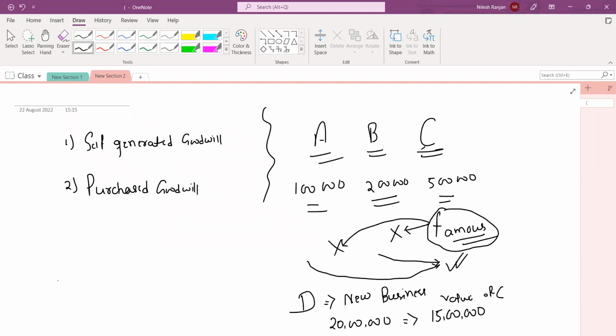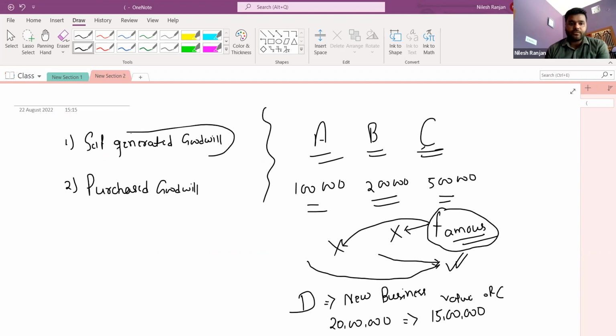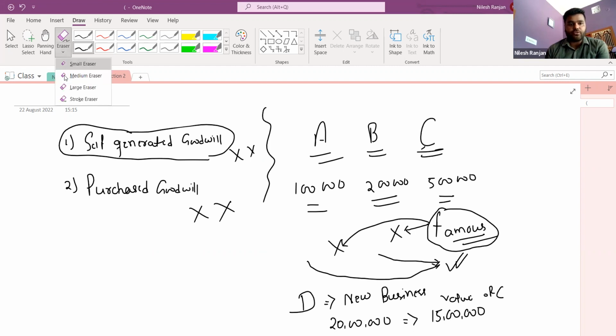So self-generated goodwill cannot be valued. Therefore, it cannot be recorded in the books of account. But we have to record the purchased goodwill.